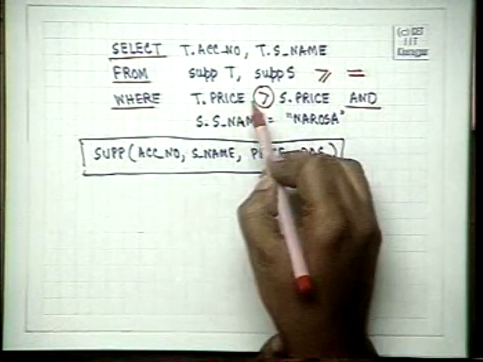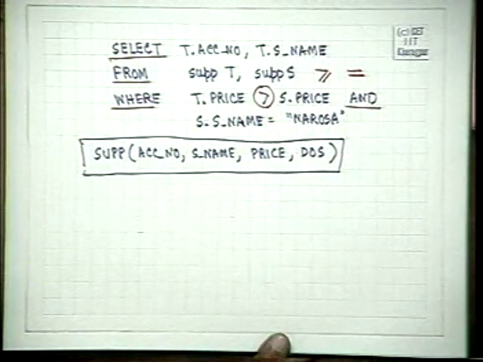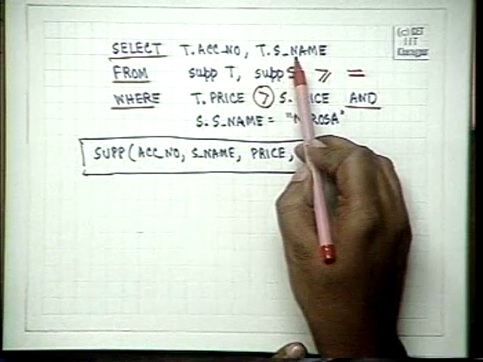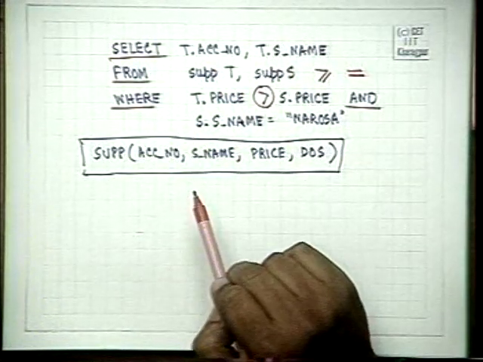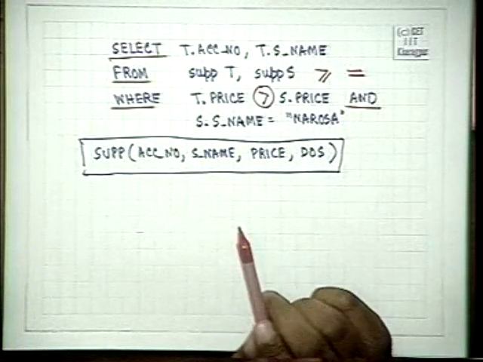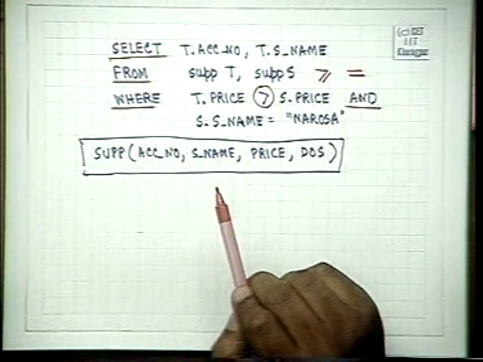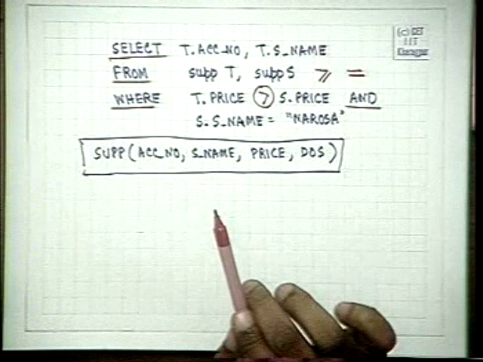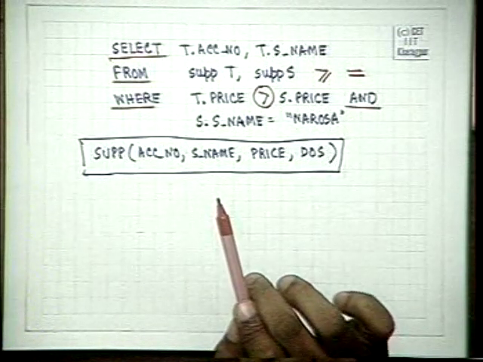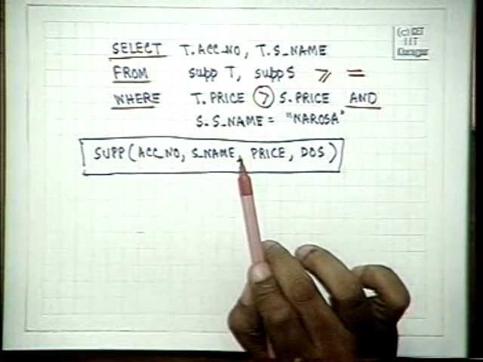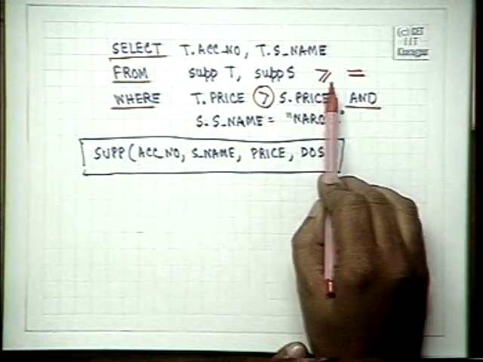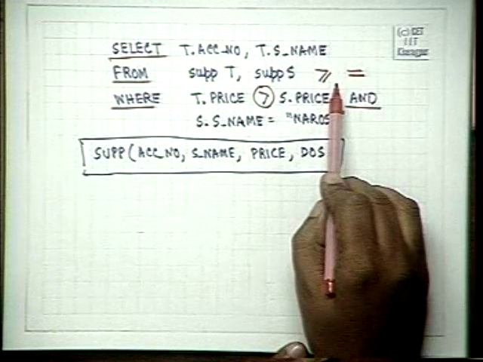Suppose this was equal to, then we would get the supplier name and accession number of those suppliers who have supplied a book whose price is equal to the price of some book, any one book, supplied by Narosa.